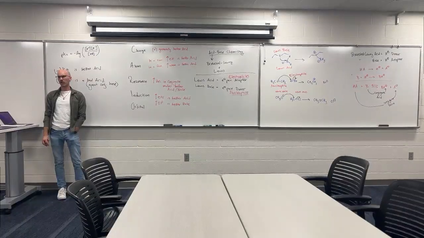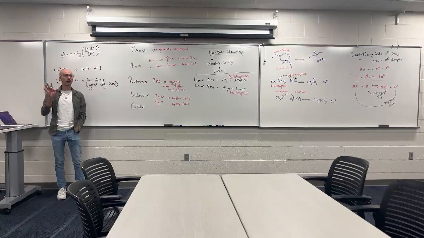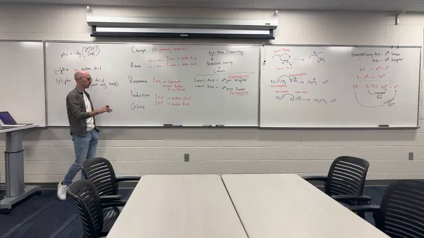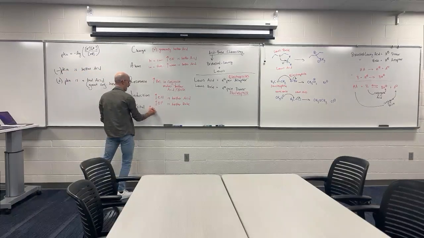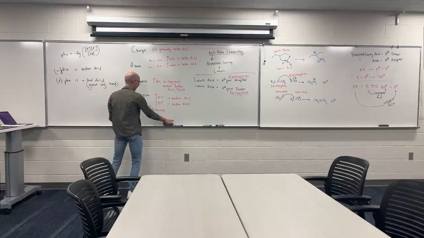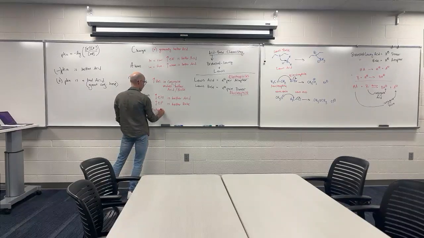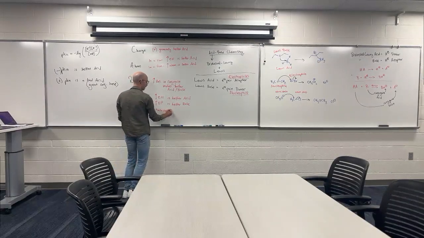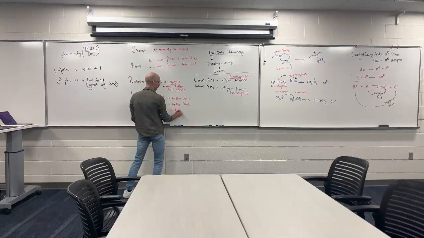And then the orbital is kind of a strange one, and it really applies most to carbon. What we say is more S character. More S character is a better acid.